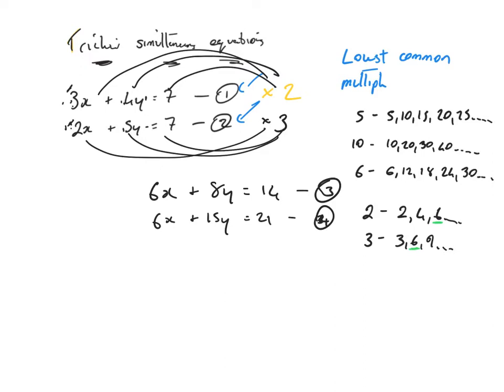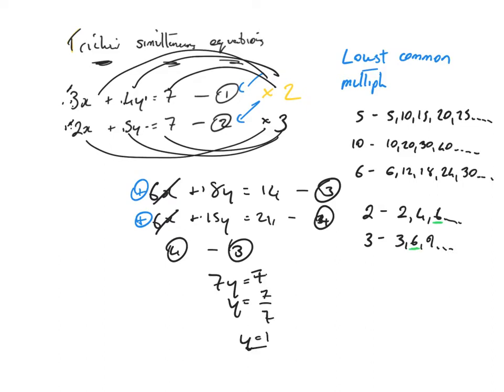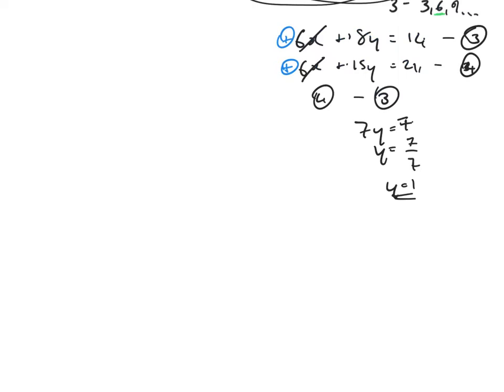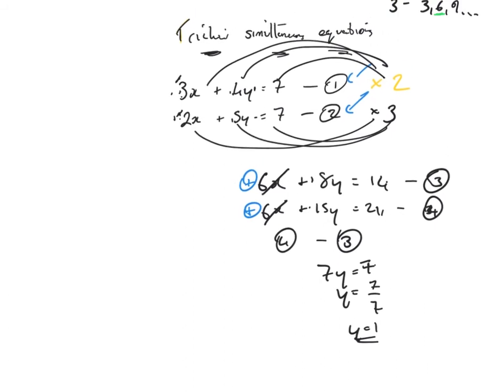Okay, now we can see that the signs are both the same. So if the signs are the same, we subtract. So I'm going to do equation 4, take away equation 3. So 15y take away 8y is 7y, 21 take away 14 is 7. I then bring the 7 down and divide, and y equals 7 over 7, y equals 1. I now need to sub y equals 1 into one of the equations to find x. Now I've got a choice of 4 equations.